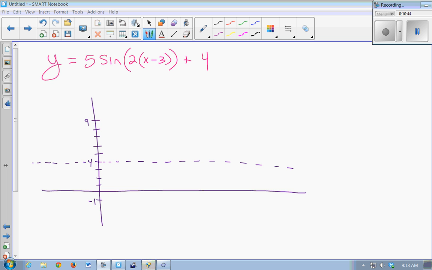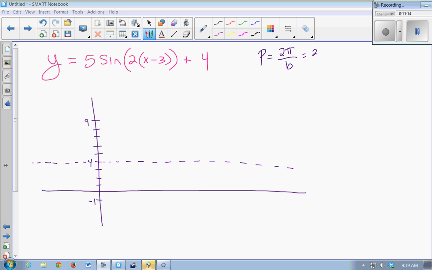All right, and what's the period of this thing? Pi, yeah, because it should be 2 pi divided by b, and b is this coefficient in front of the x.